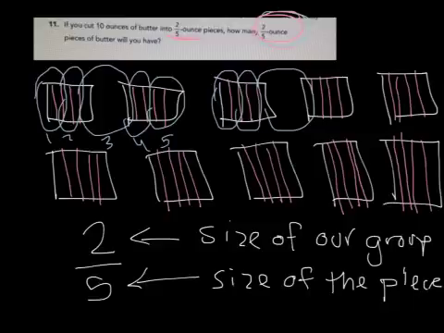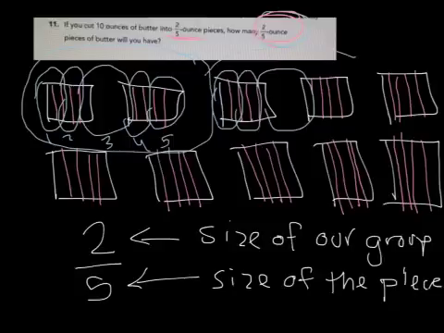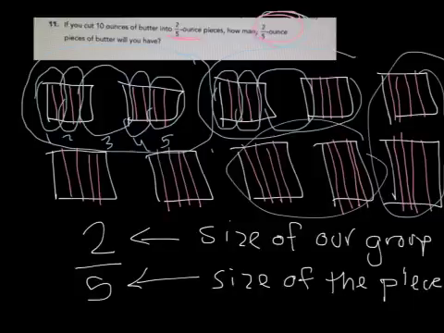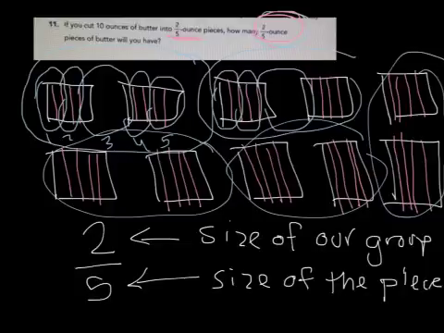Now, students may also see, oh my gosh, in 2 ounces of butter, there's 5 groups of 2/5. So then they may say 5, 10, 15, 20, 25. 25 groups of 2/5. If they don't, that is totally okay. If they circle all the 2 groups, that is also okay.